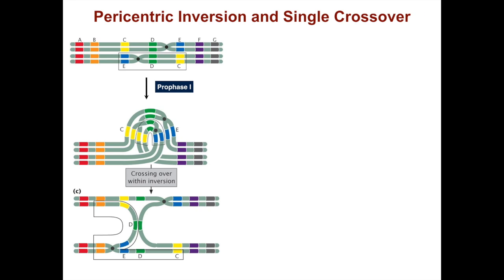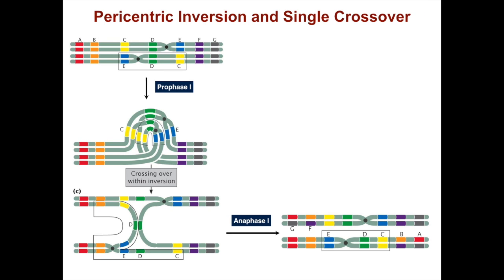As the homologous chromosomes separate by anaphase 1, you can see that some of the chromatids carry the full complement of all the genes, whereas others either have a duplication, like in the case of A and B, on the lower chromosome, or in some of those chromosomes, they're missing G and F. So the full complement of genes is not in all of the chromatids.